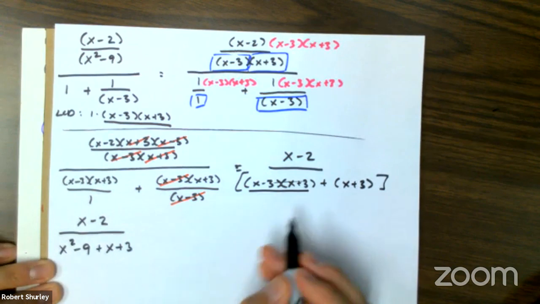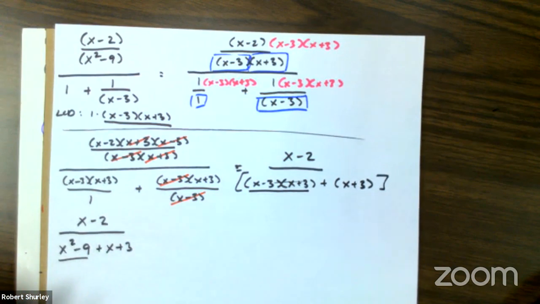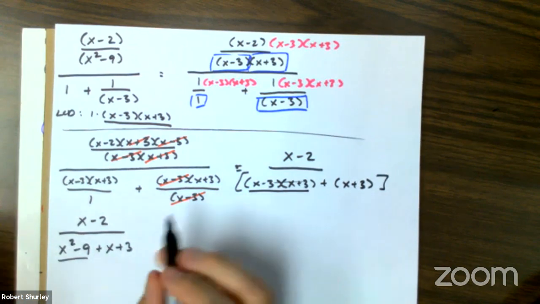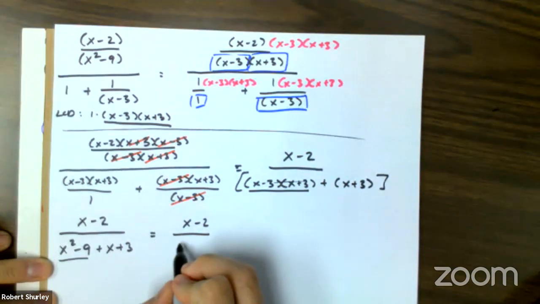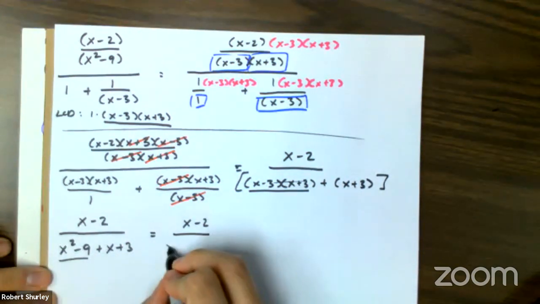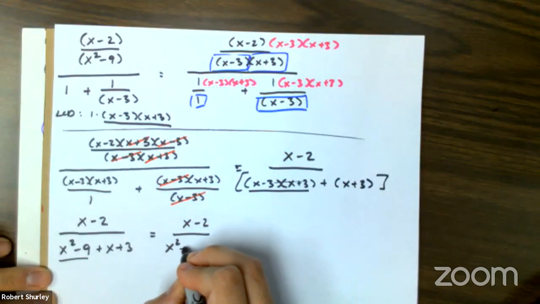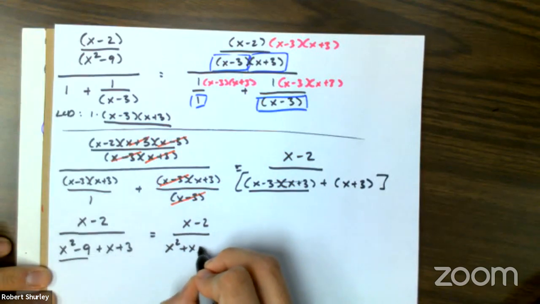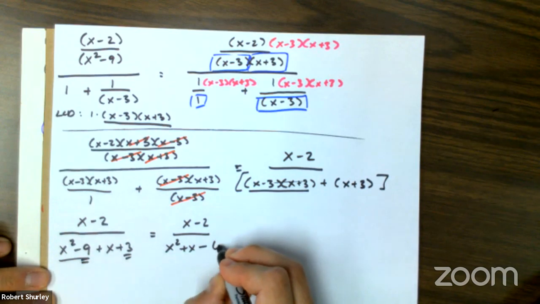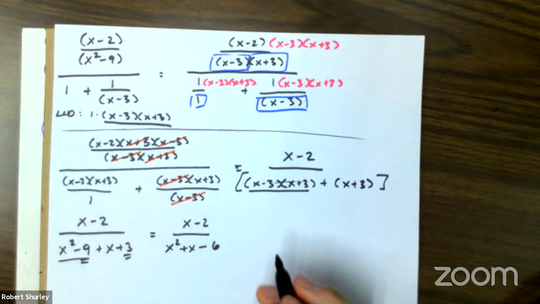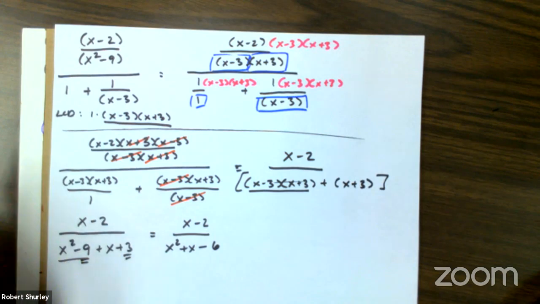Then we've got to add these together. So this winds up being x squared plus x minus 9 plus 3, which is a negative 6. Holy cow, this question's not done. This is crazy. This is a never-ending question.